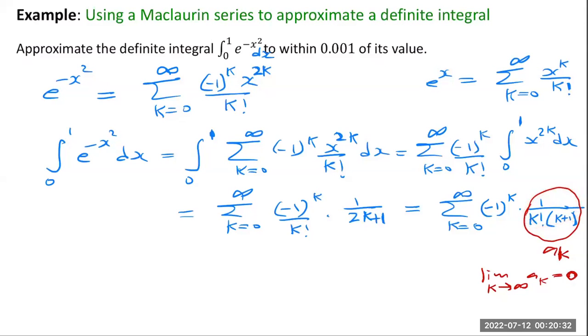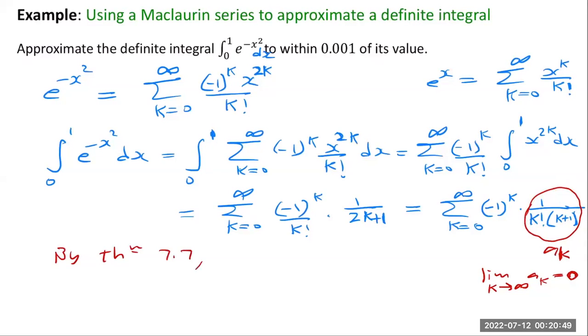So by theorem 7.7 that we did in section 7.7, we know that this alternating series converges. The sum from k equals 0 to infinity of minus 1 to the power k times 1 over k factorial times k plus 1 converges.